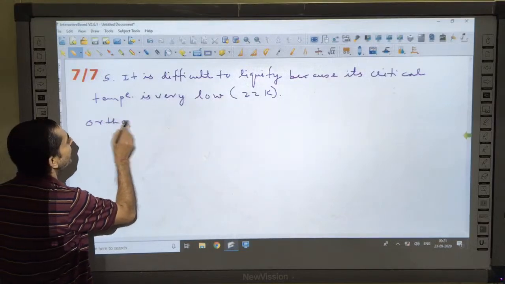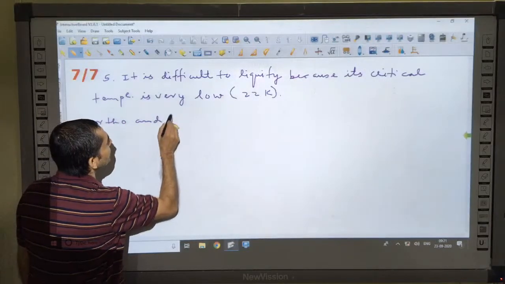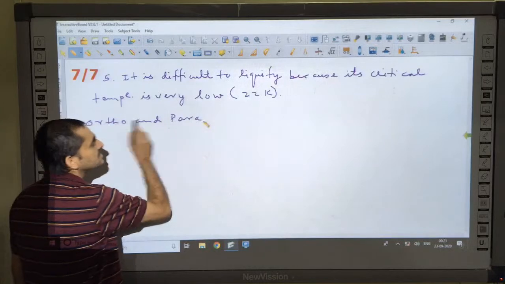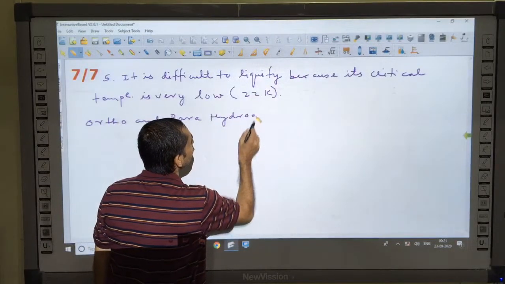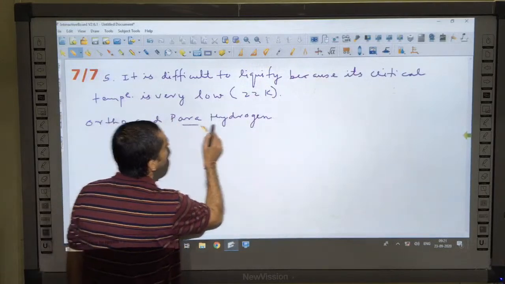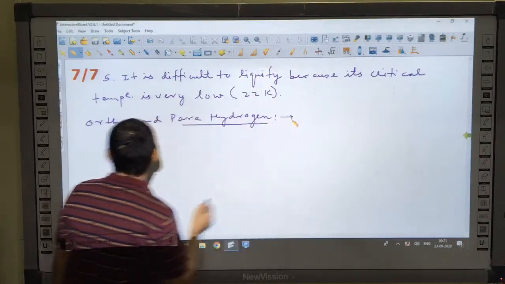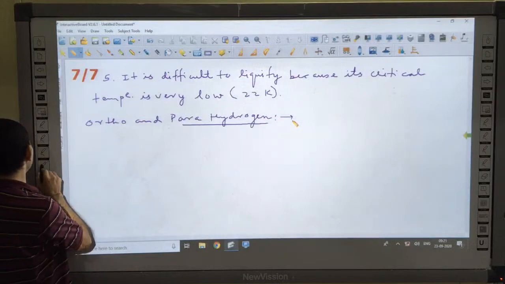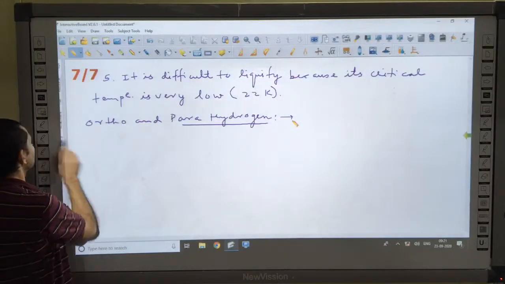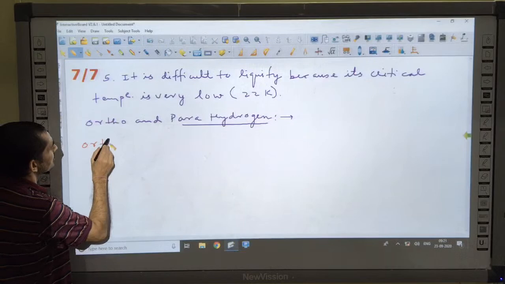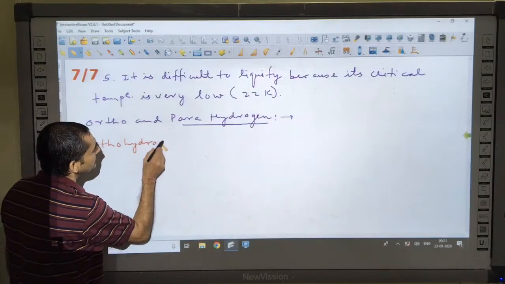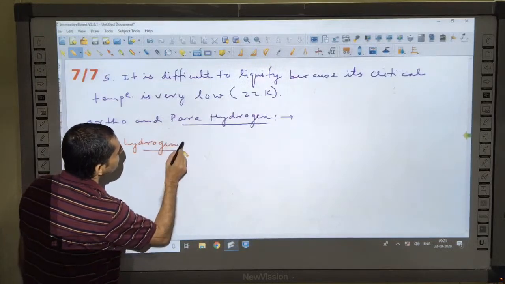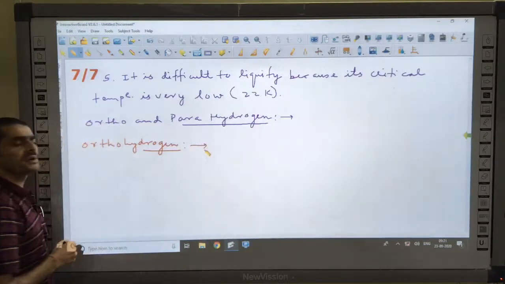Then ortho and para hydrogen. Now what are these two forms? They are the two isotopic forms, ortho and para hydrogen. First of all, ortho hydrogen. What is ortho hydrogen?